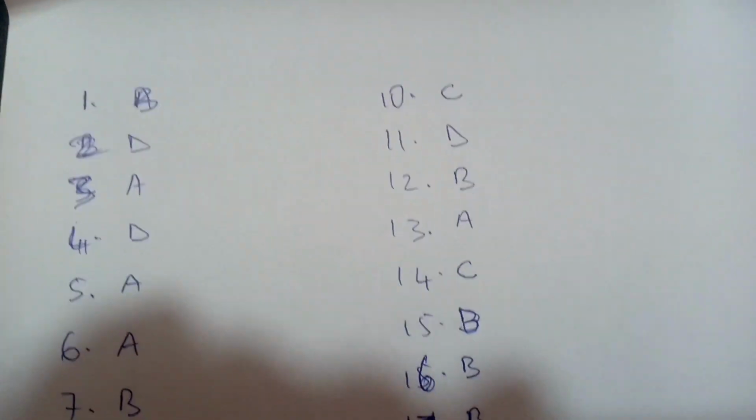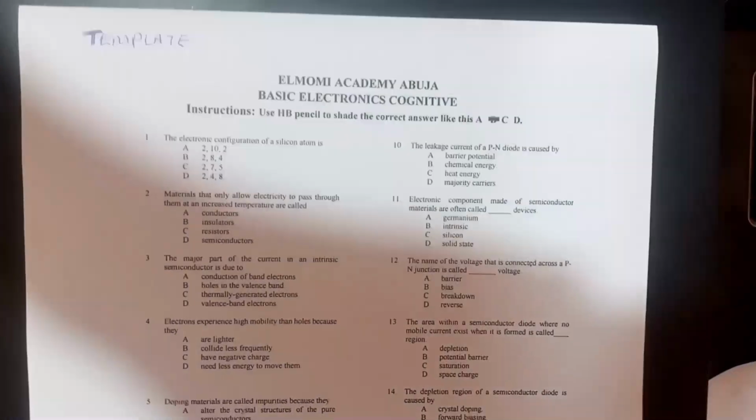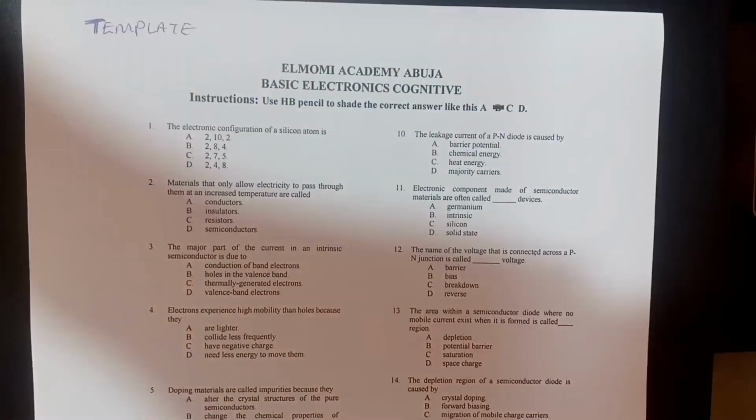Now, never mind that there was a typo on the question paper. We're going to just assume everything is correct and then deal with the situation as we have it. Now, let us go over to the actual test and see what we have.